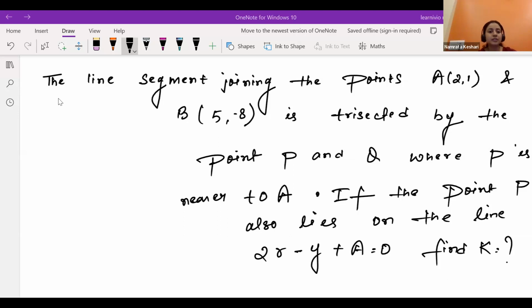Last class we were doing this type of question to find P and Q. P and Q both we found in the last class. Here we'll be just finding P because we need P only. If the point P also lies on this line, so P we need.